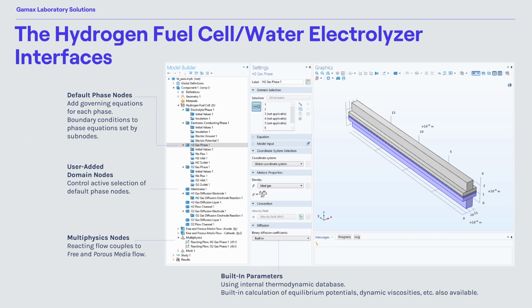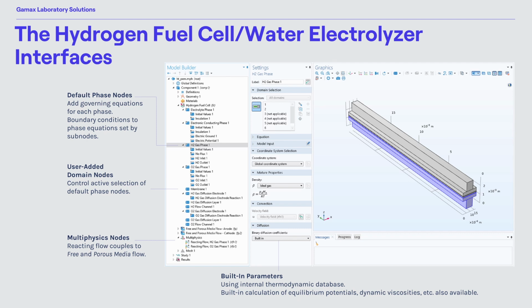If you want, you can go further, and here you can see free and porous media flow is added also. So you can add flow calculations to your model with the porous media applications here. Since there is more than one physics, the multiphysics node will automatically appear, so you can combine the two physics here.